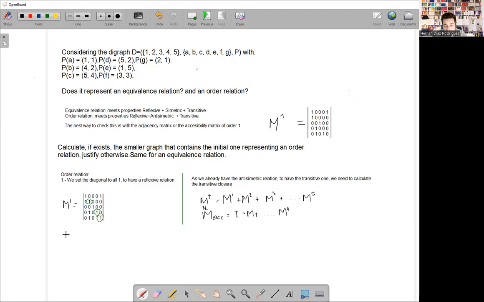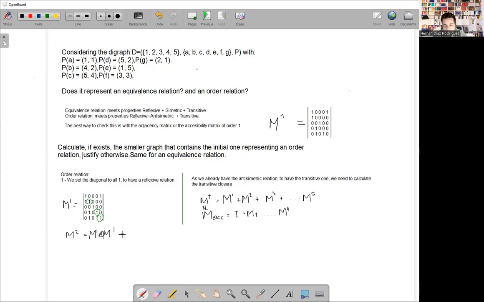Well, we already did this before in a previous exercise, right? And the way to calculate the second order matrix is multiplying the first order matrix by itself, right? By the first order matrix.